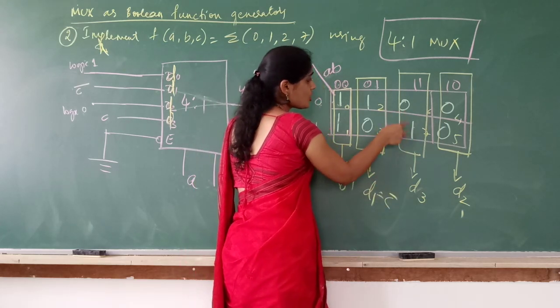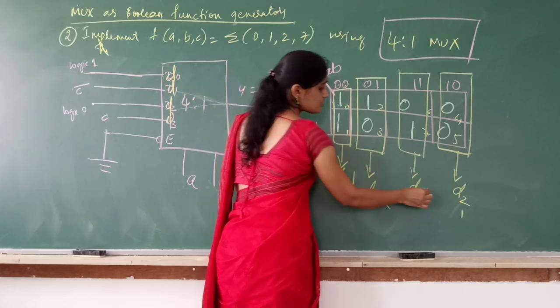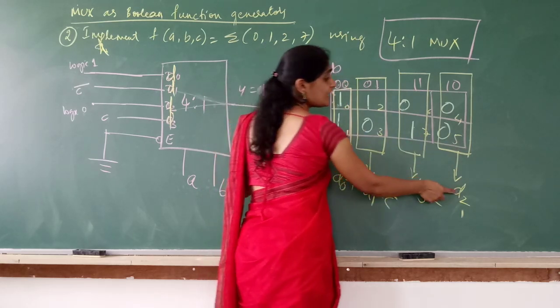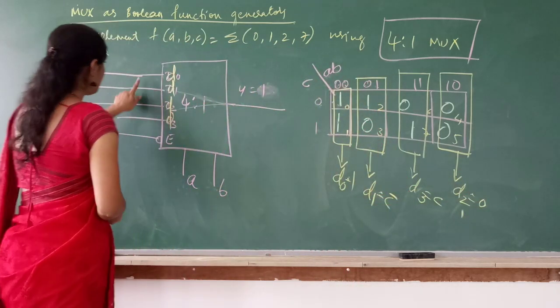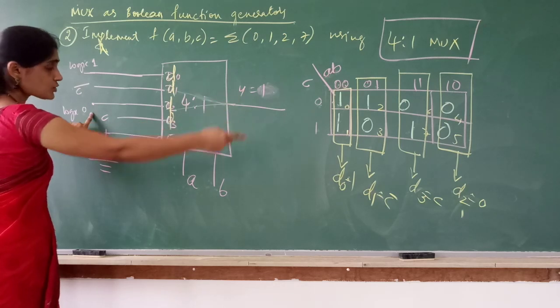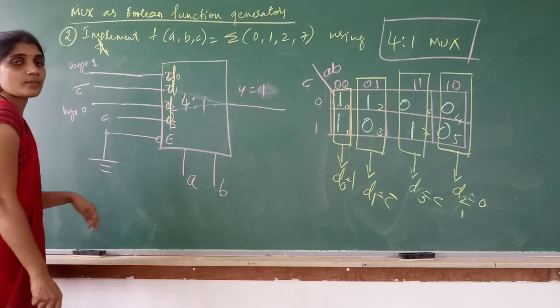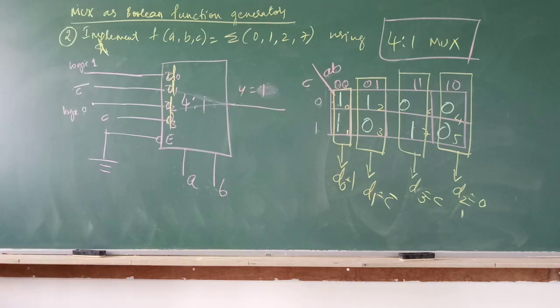D3, 1, 1: compare with C. Same as C. C is 0, 0; C is 1, 1. So D3 is C. D2, 0, 0 for both the cells, so D2 is 0. That is what we have done. D0 is 1, D1 is C bar, D2 is 0, D3 is C. Okay. So this is how the function is implemented. Fine.